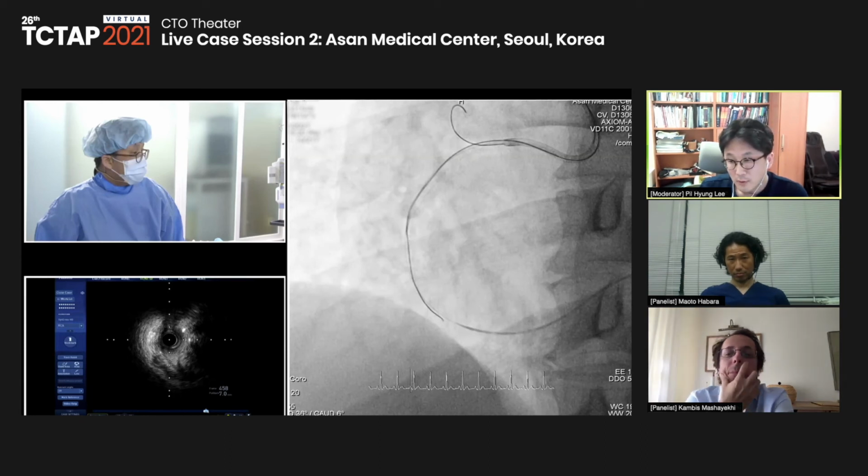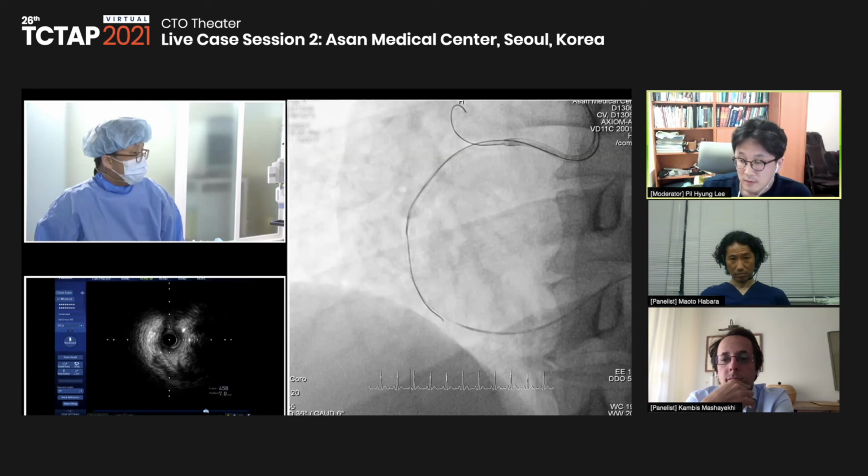So that was one mistake in my procedure. To do the procedure more efficiently, I may have had to select the antegrade wire or evaluate with the IVUS, as Habara said, and then I may have finished the procedure more easily.